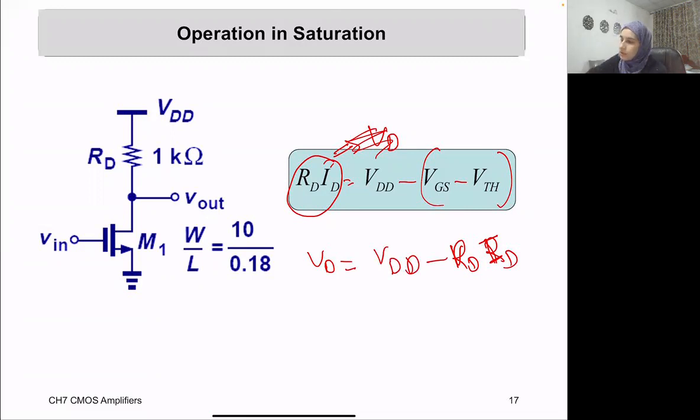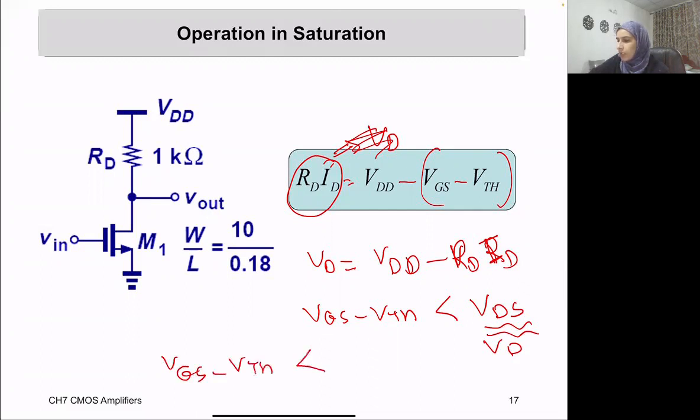So VGS minus V threshold should be less than VDS. And since Vs is equal to 0, this is also equal to Vd. So we will have VGS minus V threshold should be less than VDD minus ID times RD.